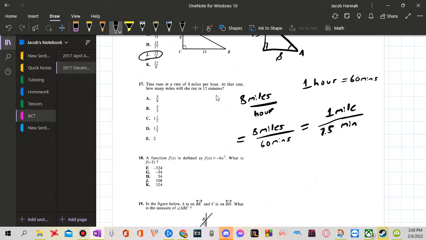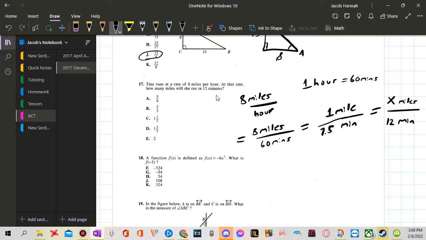So if she can run 1 mile every 7.5 minutes, then we can set this equal to a math equation. So this is our unknown, so we want to know how many miles. So this is x miles divided by 12 minutes. Alright, so she runs this many miles in 12 minutes.